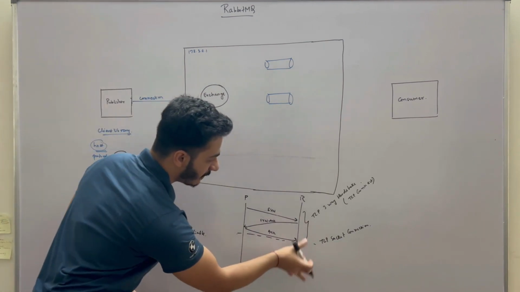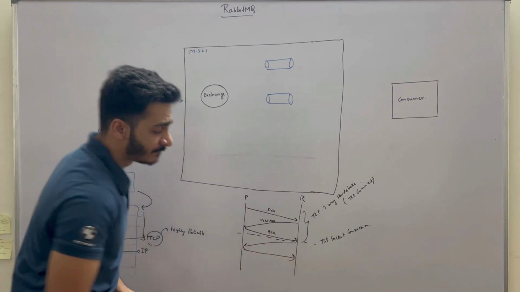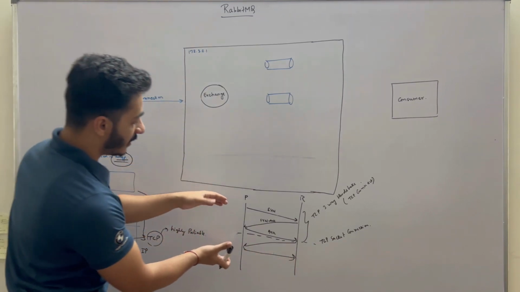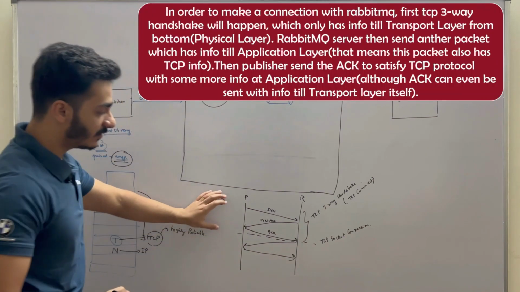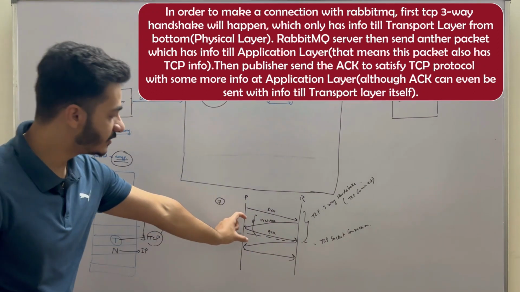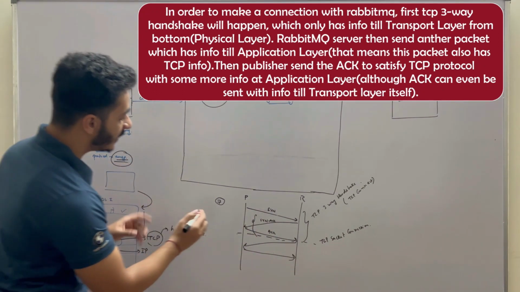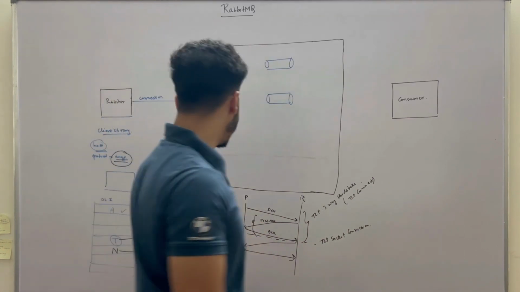Suppose this is RabbitMQ, so it will again send some packet over here, and then it will again do something. So the total packets that are necessary for making a connection are 7, and these 7 do not include the acknowledgements. Okay, they do not include the acknowledgements. It only includes the main packets. Okay, if we add acknowledgements, then it will be more.